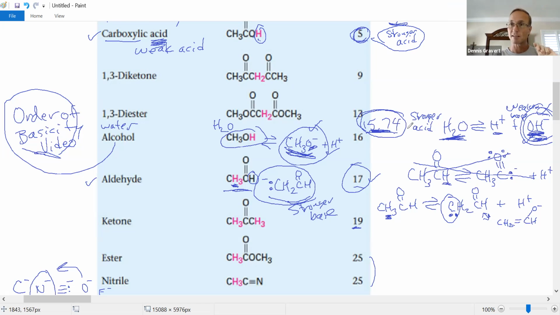Okay, if you switch it and you compare the bases, who's the stronger base now? Well, the stronger acid gives you the weaker base. So hydroxide ion is a weaker base than the conjugate base of the ketone. That says hydroxide ion is too weak to remove that hydrogen and favor this equilibrium.